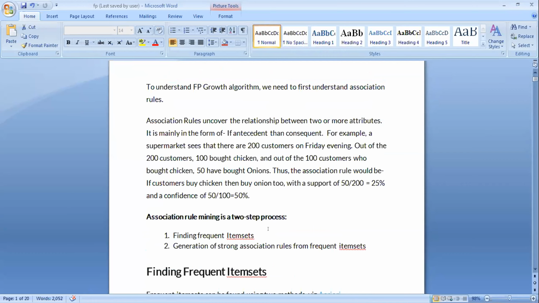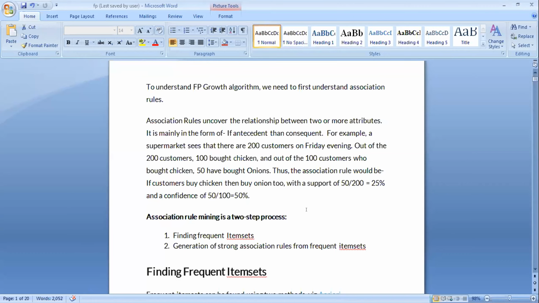In association rule mining, the relationship between two or more attributes is mainly in the form of antecedent and then consequent. For example, whenever we go to a supermarket, there will be 200 customers on a particular day.